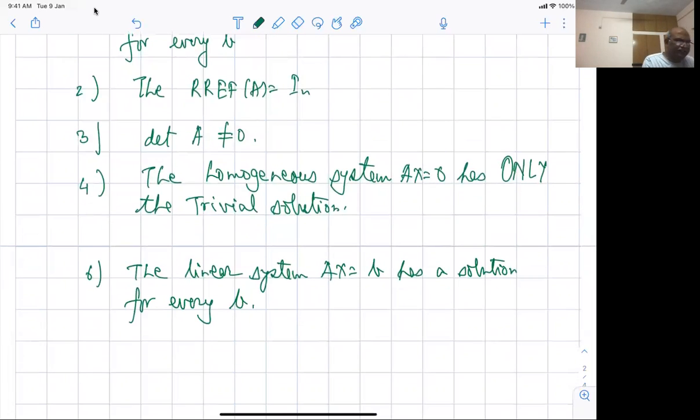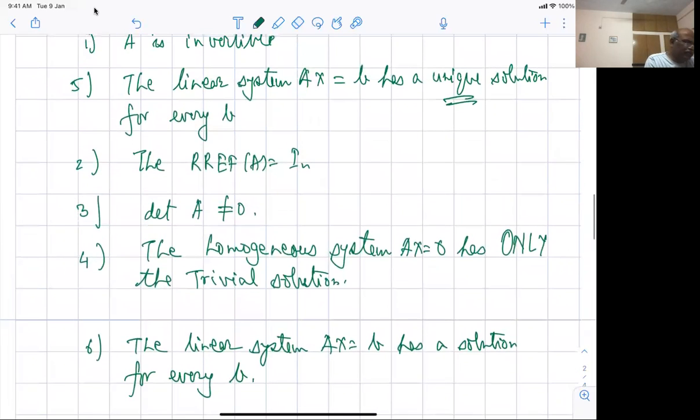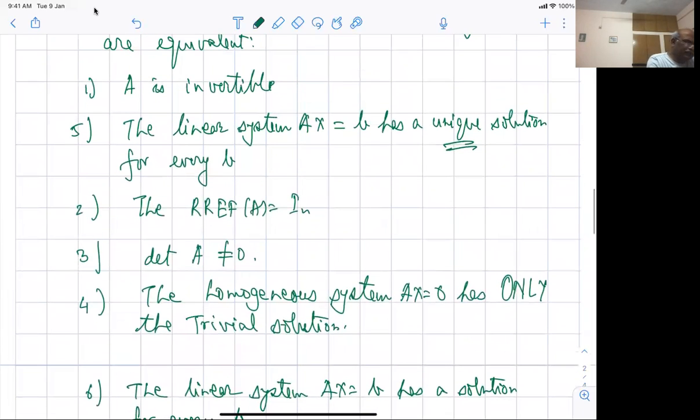And that will imply that A is invertible. So I should have also written at some stage another one here, maybe say 2 prime or 2, whatever it is, that A is product of elementary matrices. Fine. So this we have already seen.